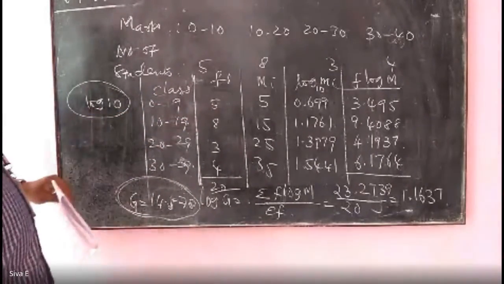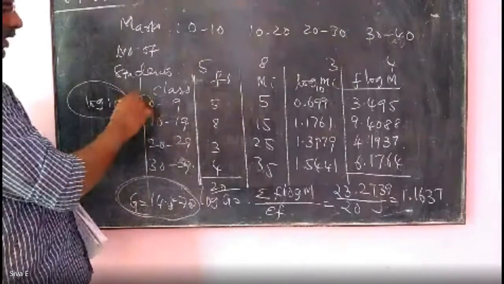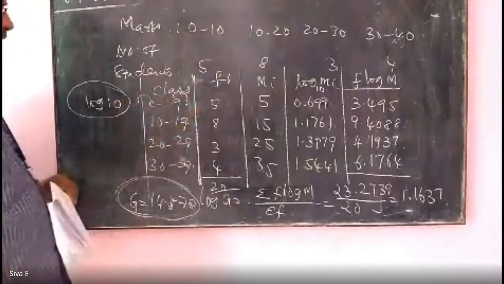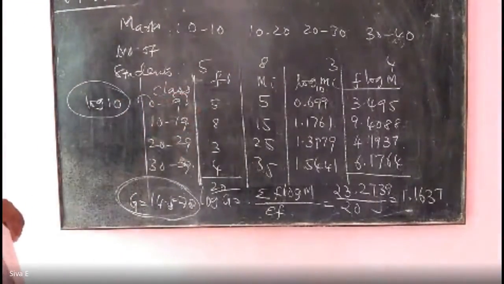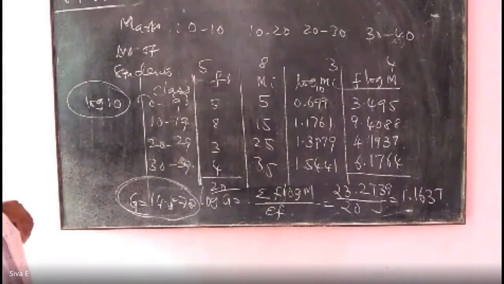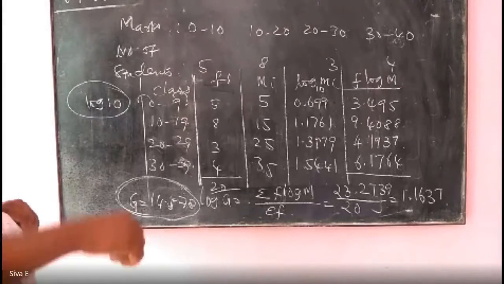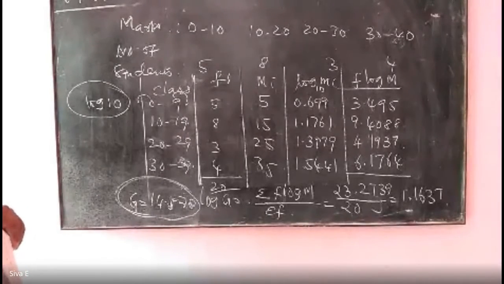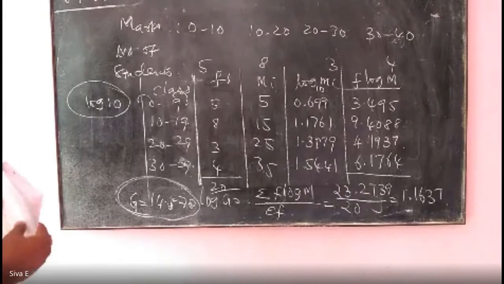When changing, you subtract and add 0.5. Then you find the midpoint.